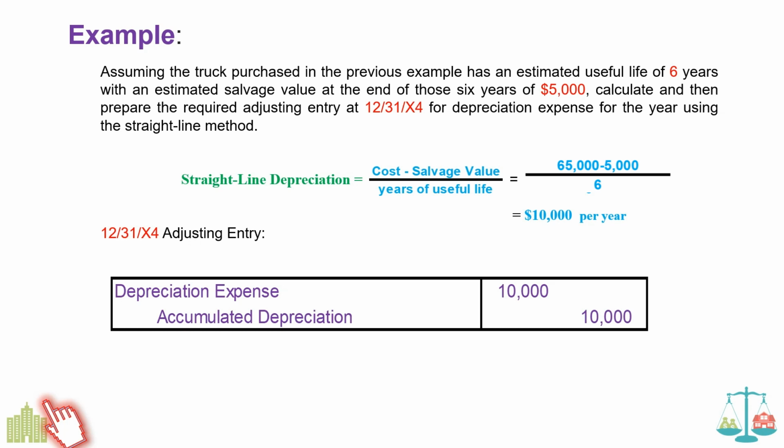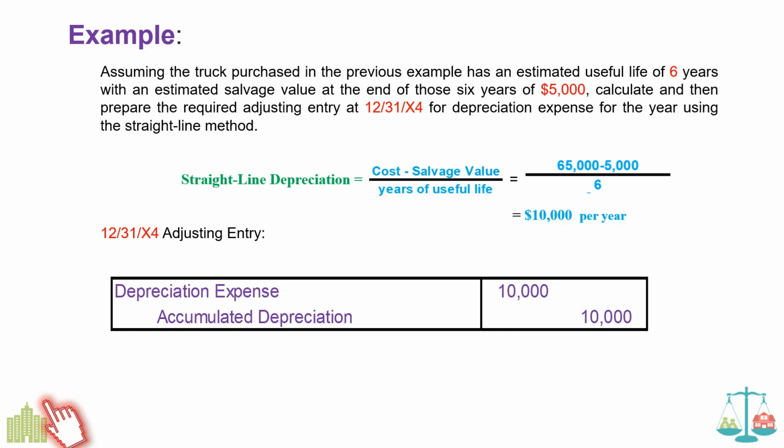That's $60,000. We're going to allocate that over 6 years, and the straight line method of depreciation says that we're going to allocate it equally over 6 years. So we'll take the $65,000 less $5,000, or the $60,000 that's going to be depreciated, divide it by 6 years, and we're going to depreciate it about $10,000 every year.